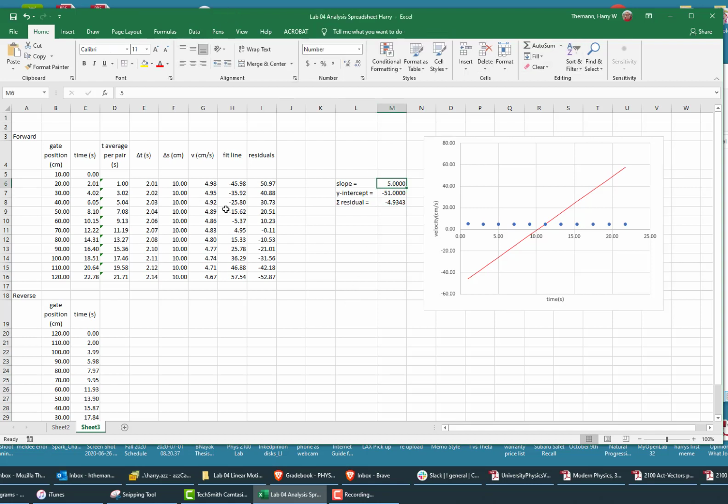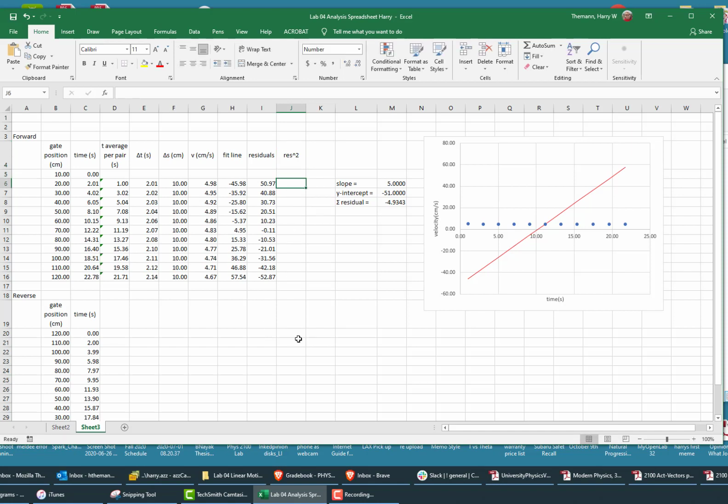But at some point, we want to learn how to program Excel to find the best fit for us. And to do that, we need something, because computers are dumb and they can't actually see the plot like we can. We need a better figure of merit, and that is going to be the residuals squared.